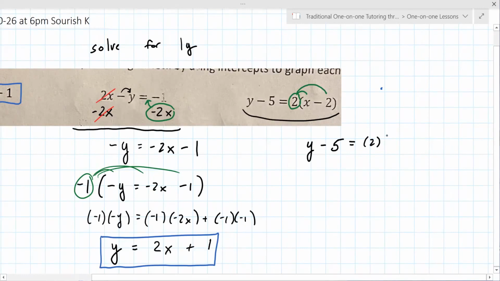So you're multiplying 2 times x plus 2 times -2. That's this intermediate step here where you multiply these together. So that's 2x minus 4, or plus -4 if you prefer.